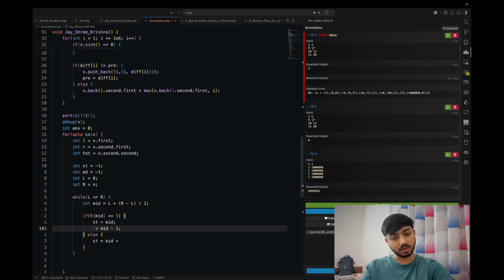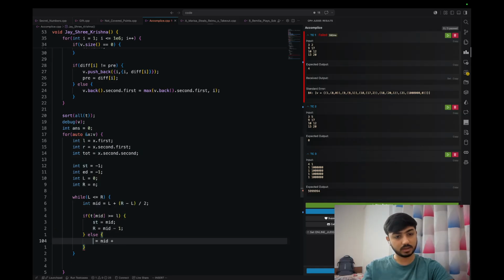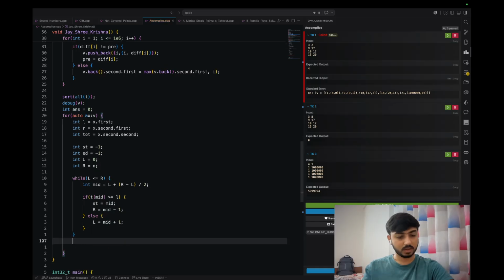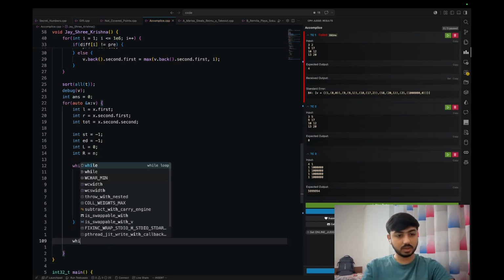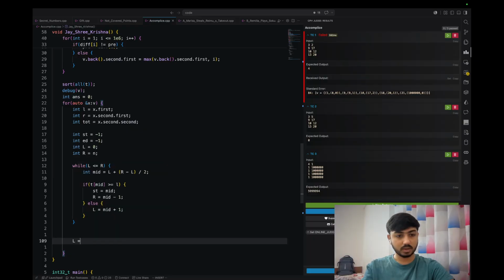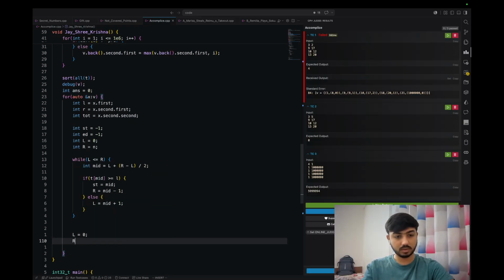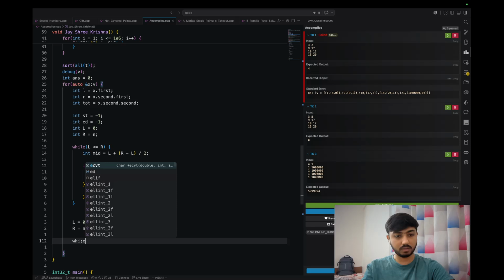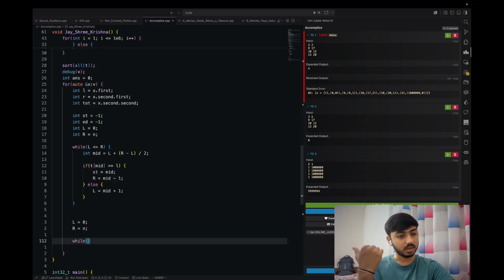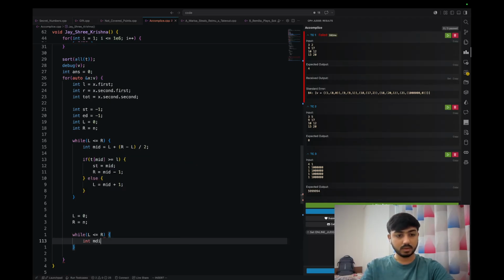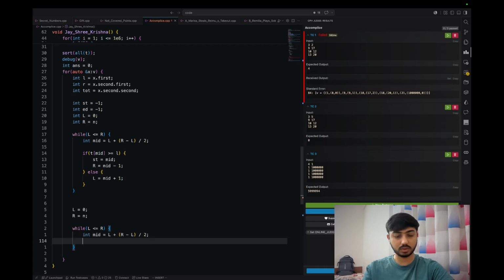R is equal to this, L is equal to this. We have the starting position, L is equal to 0, R is equal to N. We have to find the right endpoint, right? Then mid is equal to L plus (R minus L) by 2.